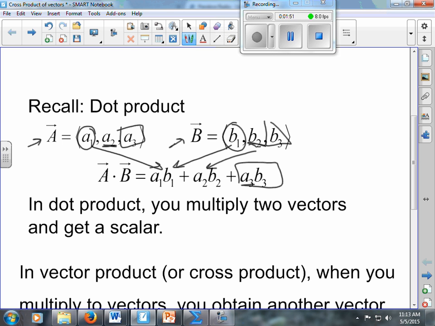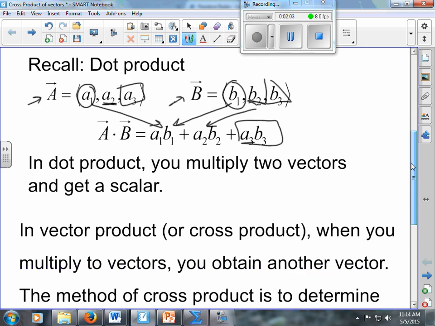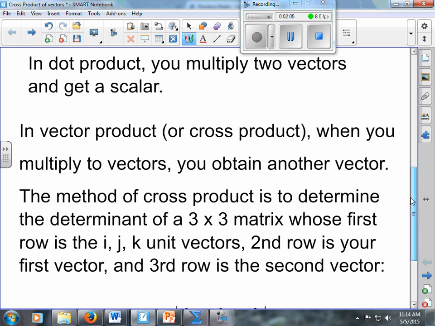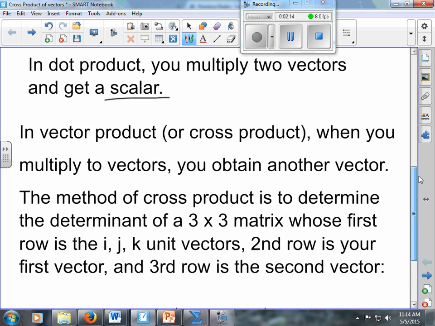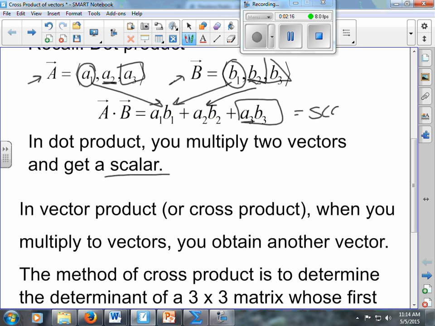When we went over matrices and learned matrix multiplication, you do rows of the first matrix dot columns of the second matrix, and that's how you get your new entries. Notice that what you get is a scalar, not a vector. You just get three numbers added together, which is just one number. So you get a scalar equals scalar.